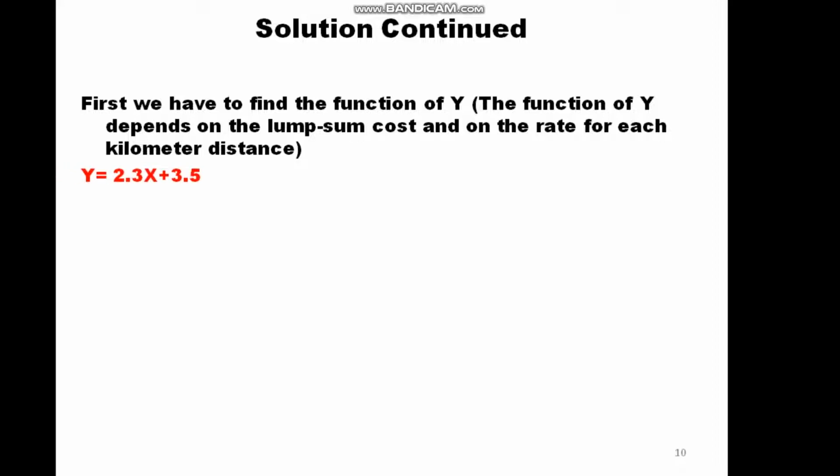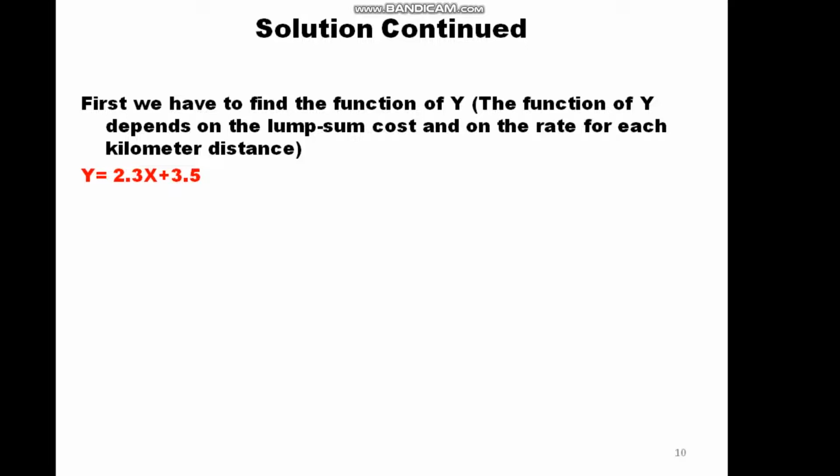We find this equation, which is y equals 2.3x. That means 2.3 is the cost of each kilometer the taxi will move, plus 3.5 is the lump sum value before the taxi moves.